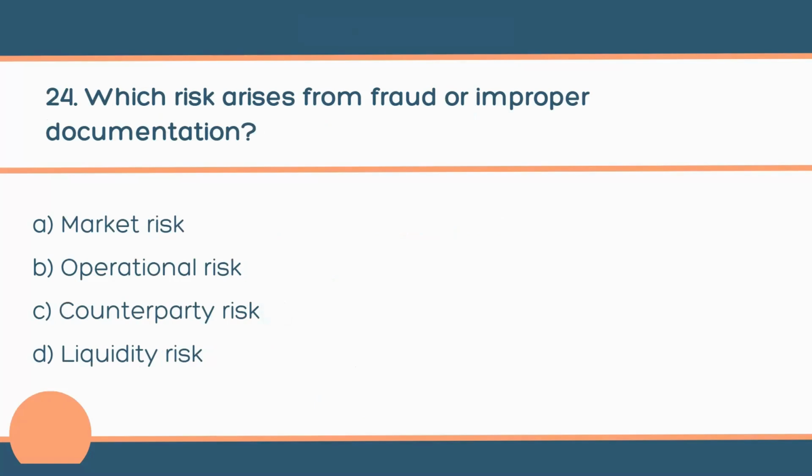Which risk arises from fraud or improper documentation? The answer is operational risk, because this includes risk due to internal error, system failure, or fraud. So the answer is B, operational risk.